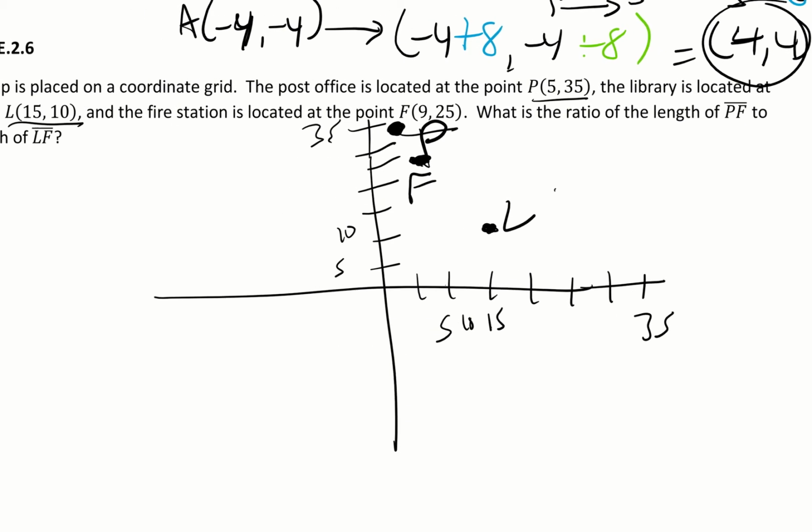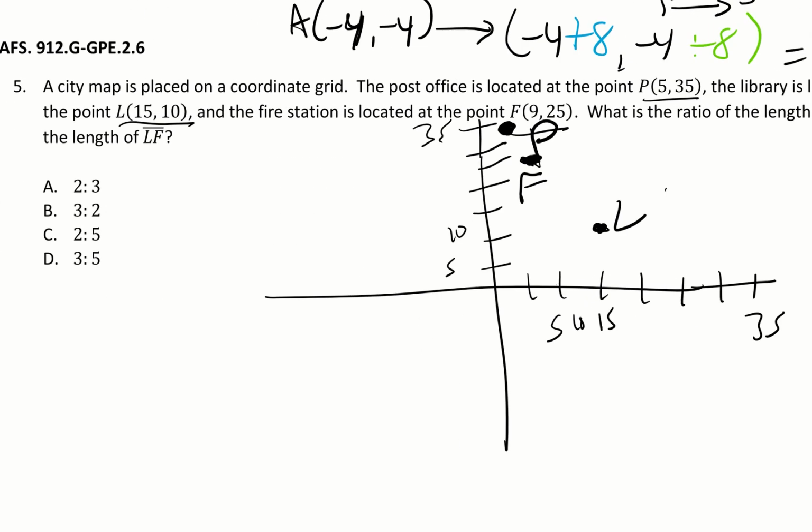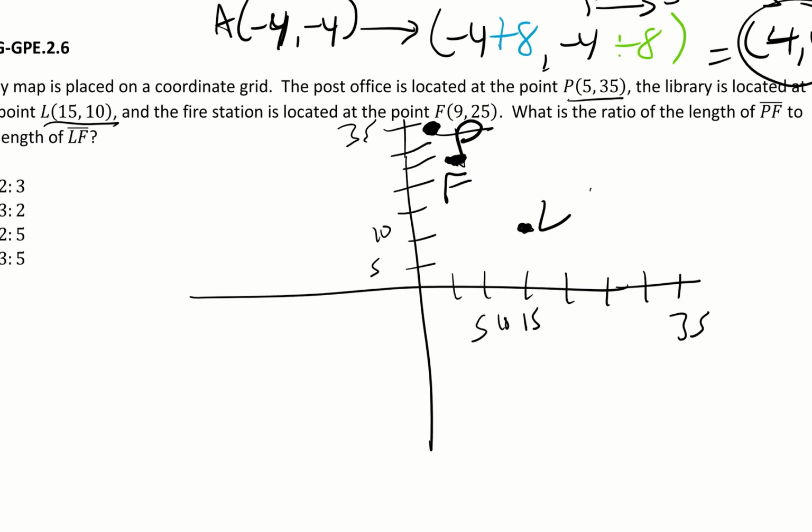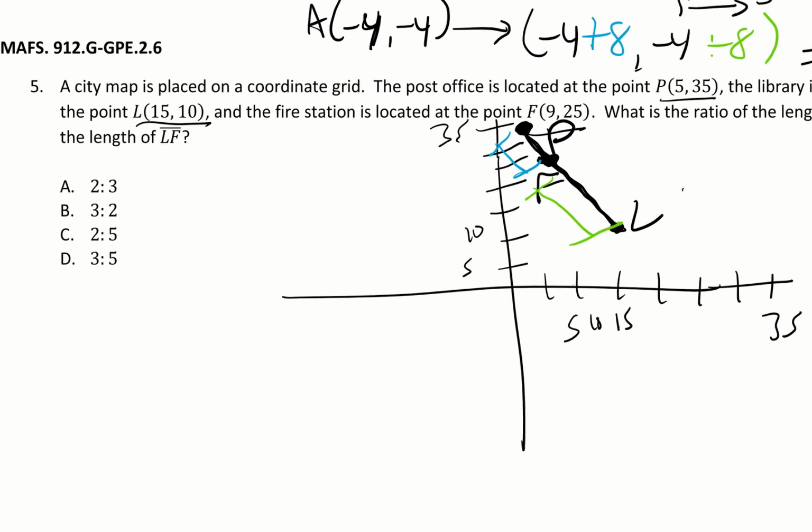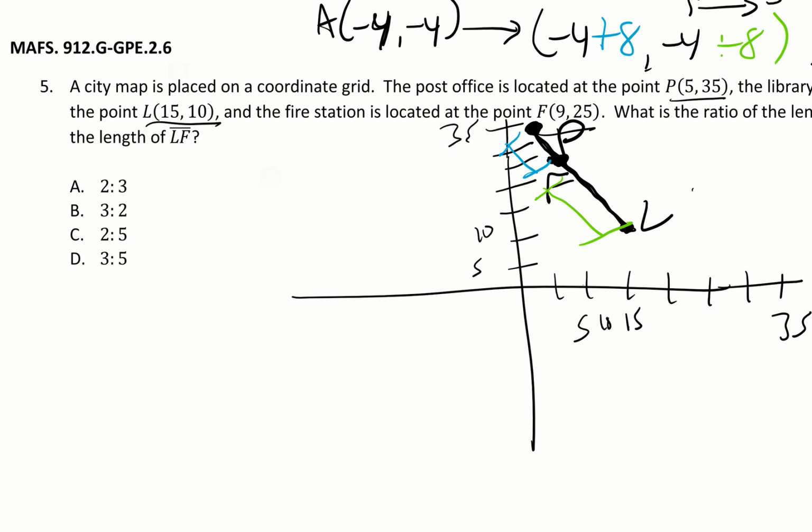So this is the fire station. So what is the ratio of the length of PF to length LF? Okay, so basically they're located all on a straight line. And they want to say, okay, well, what's the ratio of this to that? So they want the ratio of PF to LF.